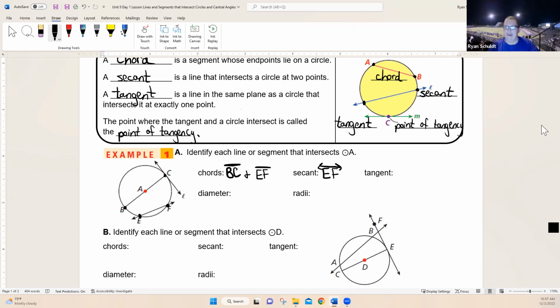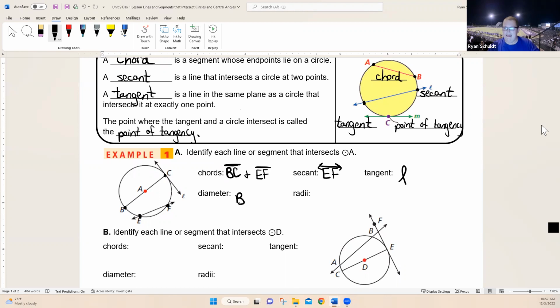And then for a tangent, we want the line that touches the circle at only one point. That would be line L. You can't say CL. L is not a point. L is the line itself. So L. Now let's look for the diameter. The diameter is the one that goes all the way across the circle at the longest point.